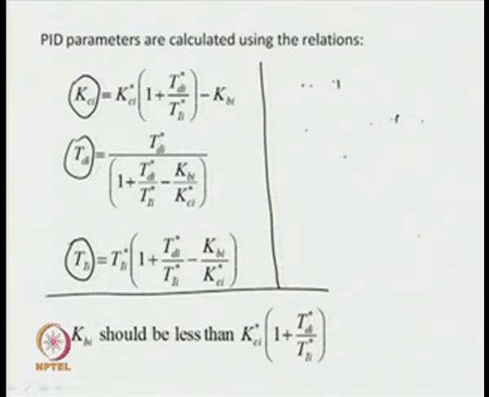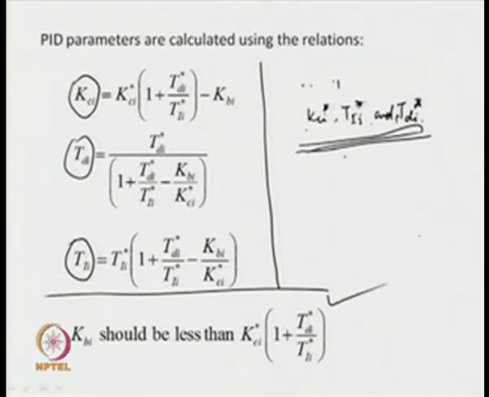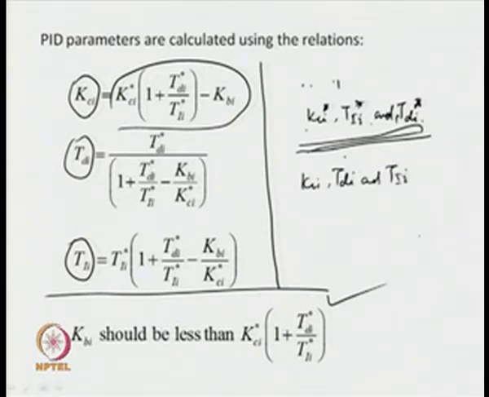Although we might have got design values for Kci star, Tii star and Tdi star, those might not be acceptable to us unless this relation holds, unless Kci, Tdi and Tii are positive, they must be positive.